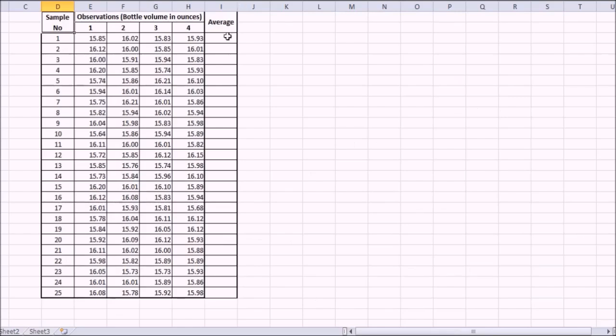Well, as given in the question, we have got 25 samples here taken from this bottling plant, and each sample has got 4 different observations.